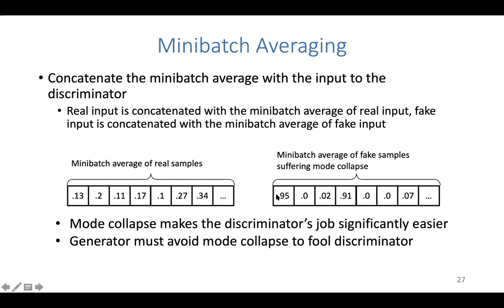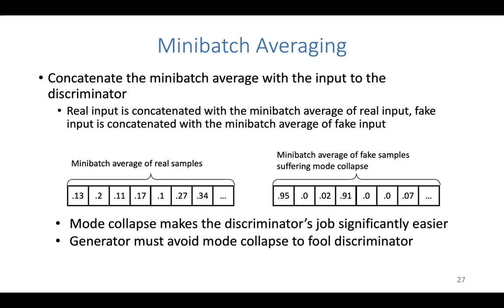Fake samples that fall into mode collapse would come with a mini-batch average that looks like this. So immediately it is extremely easy for the discriminator to distinguish between samples concatenated with this mini-batch average or samples concatenated with this average. Like, this is so fake, and this is obviously not.